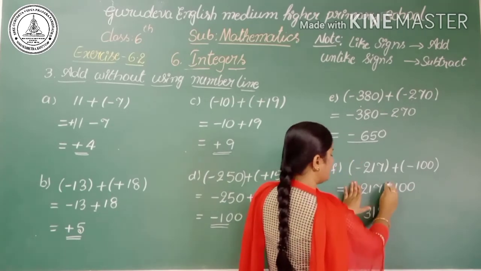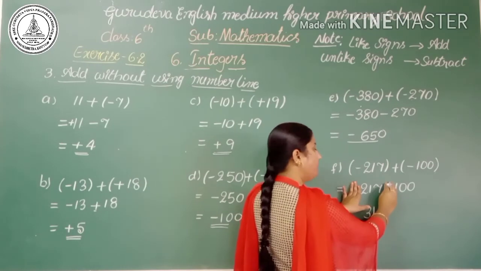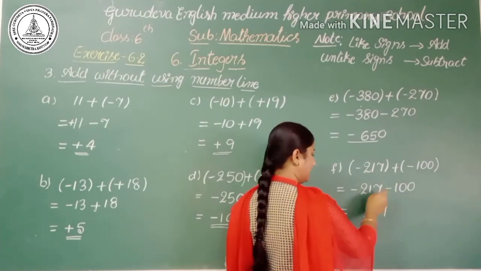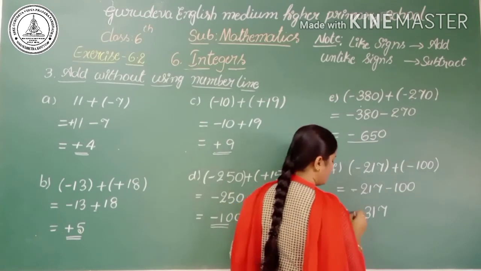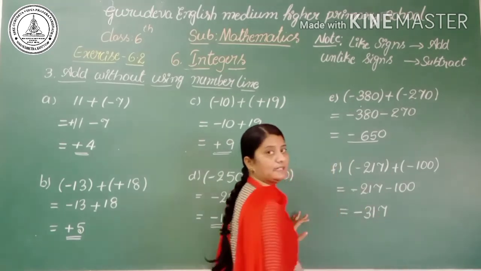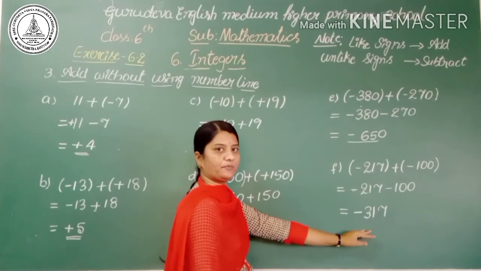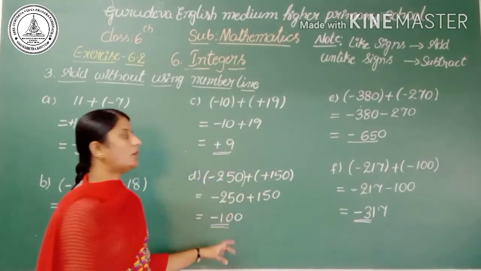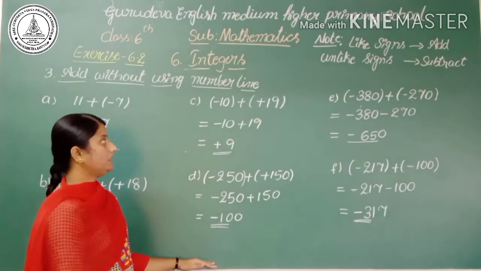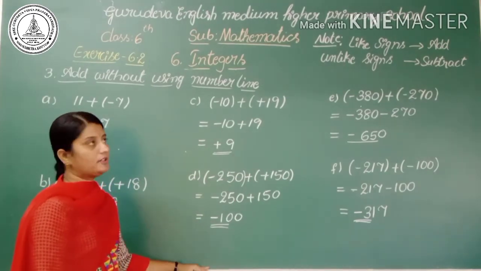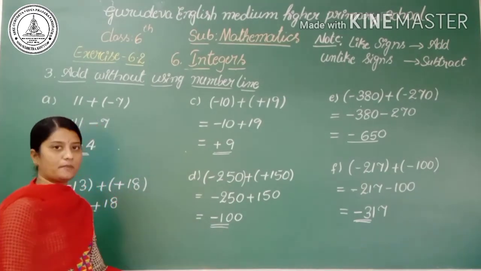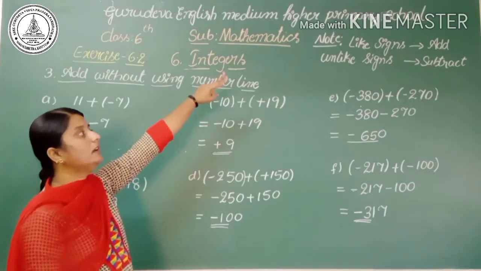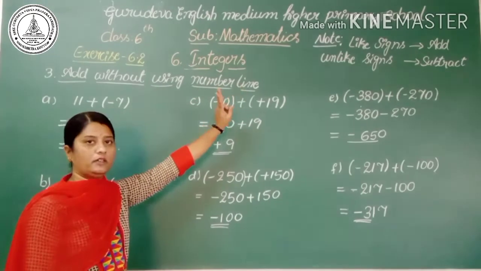So in these two numbers which has the greater value? That is always 217. So 217 has a negative value, which means we have to keep the minus sign in front of the sum. It's like this we have to solve the addition of integers without using the number line.